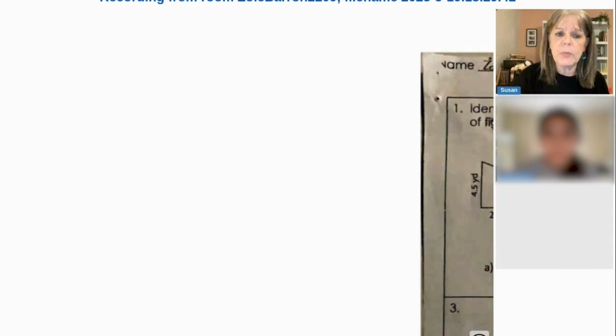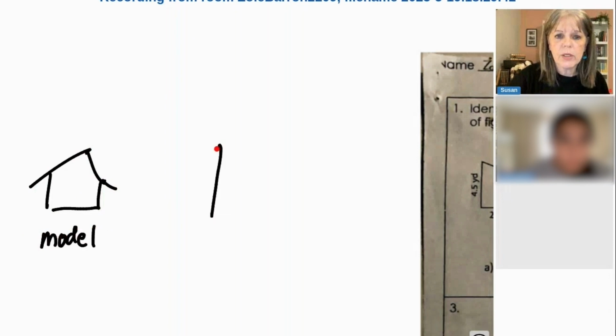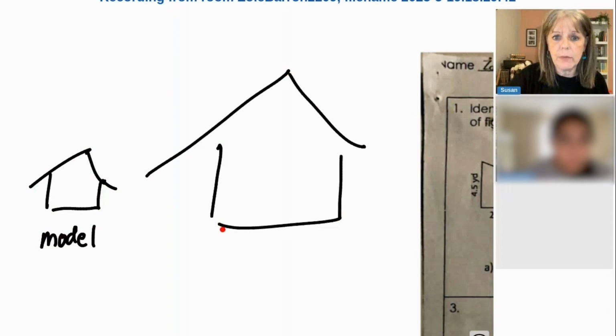So if we were going to build, let's say we did a model of a house, right? And this was the model, this was the small one. But the real house was going to be much bigger, right?